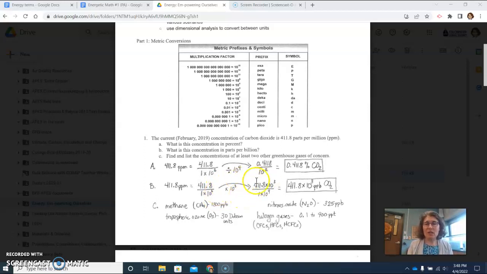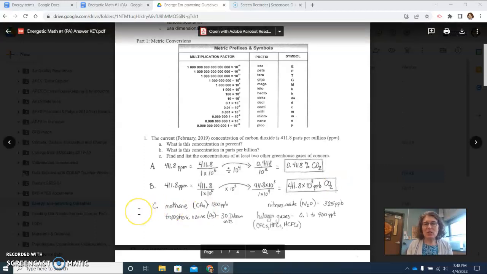When I do that, the numerator is going to be 411.8 times 10 to the 3rd. The denominator is also going to get multiplied by that, which will be 1 over 1 times 10 to the 9th, excuse me. That gets us, when we simplify that, to then 411.8 times 10 to the 3rd ppb. So if we were expressing carbon dioxide concentration in ppb, that value would be larger.